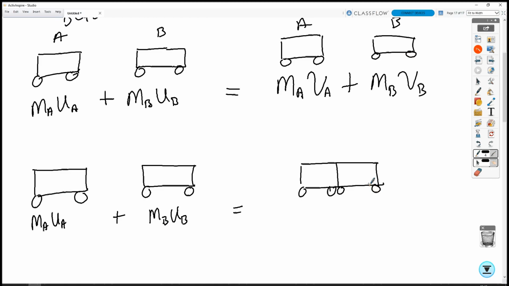As a unit, they have a new total mass, which is the sum of both of their masses. MA plus MB. I'll put that in brackets. Multiplied by a velocity. Now they have the same velocity. So when I put V, I'm not going to label as either A or B because it's the same for both of them. Because momentum is a vector, you have to include direction. So if something was moving backwards, make sure you include it as a negative.